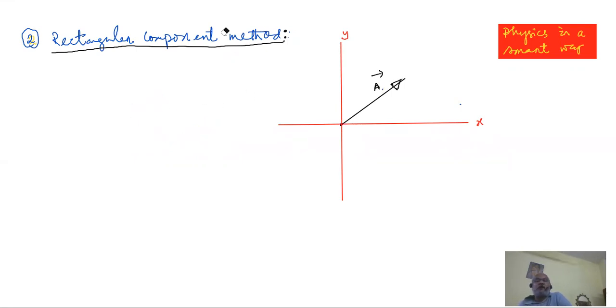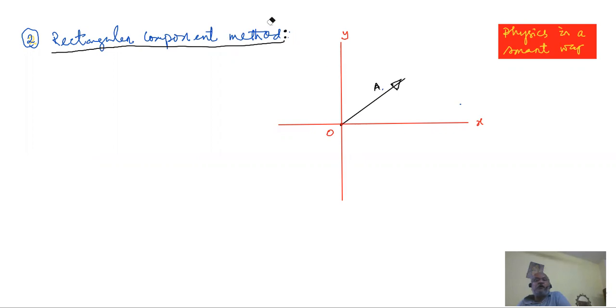So I have drawn the X and Y axis. That is the coordinate origin. Now our hypothetical question is, we break, we resolve A into two components, with the condition that one component will be parallel to the x-axis, and the other component will be parallel to the y-axis.